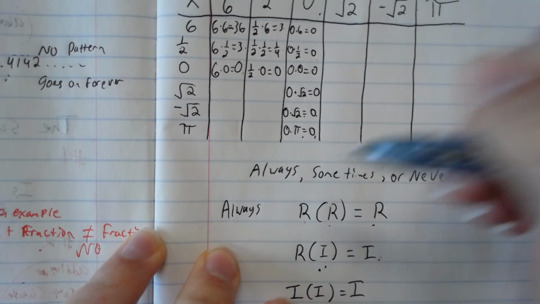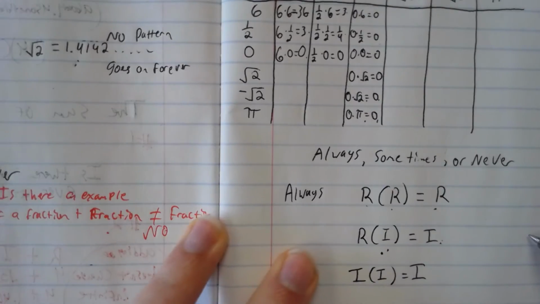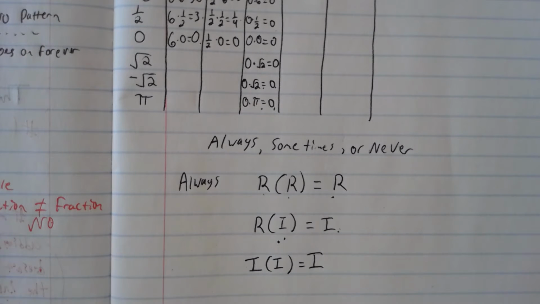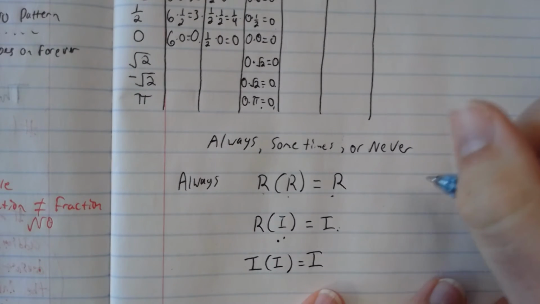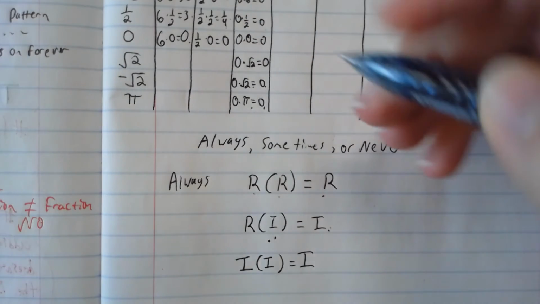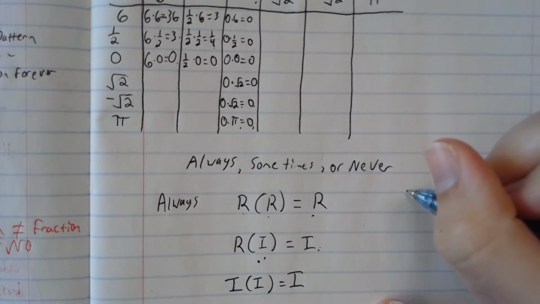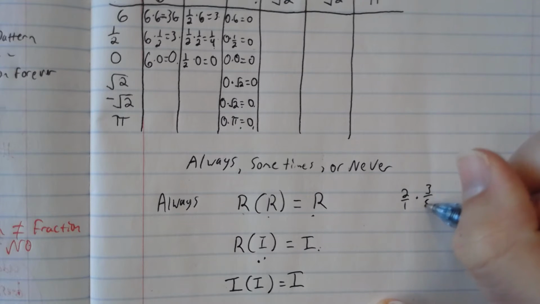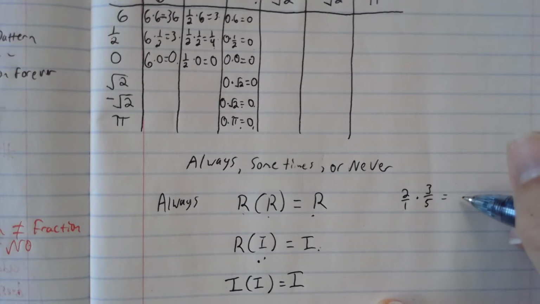And we can think about why, right? It's just like the previous problem. If I take a fraction times a fraction, is there ever a case where I don't get a fraction? Like if I take 1/2 times 1/2, I get 1/4. That's another fraction. Even if I did something like 2 over 1 times 3 over 5, right?